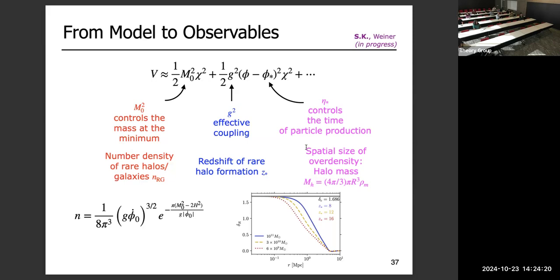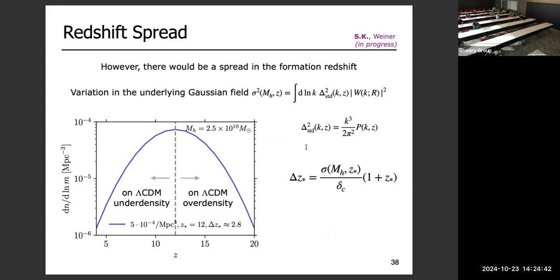This would govern when you start forming them. And then eta star would roughly give you how big these are, or in other words, it would let you estimate the halo masses. So the observables here would be the halo masses, the redshift when they appear, and how many of them would appear. And then using this, you can construct observables.